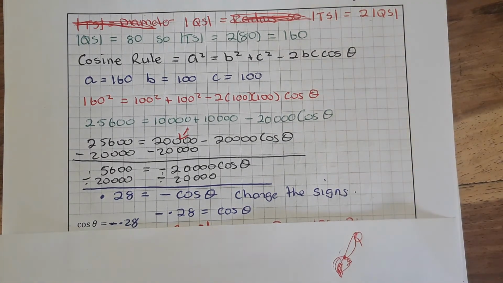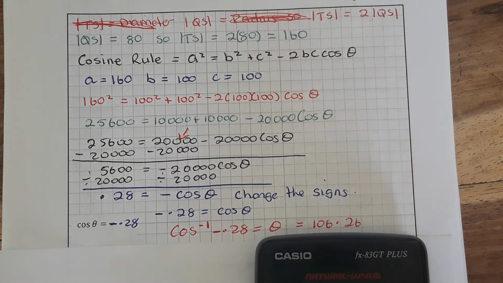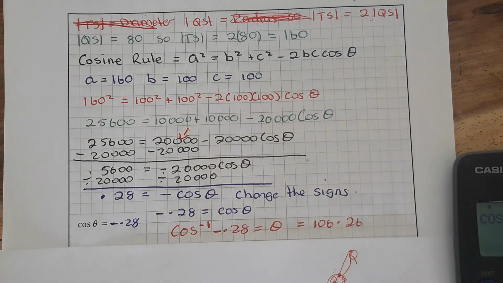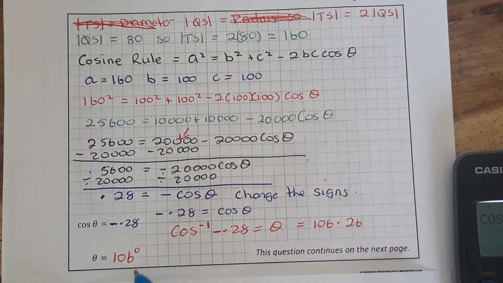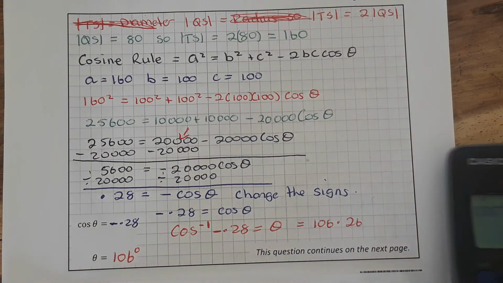To find out what theta is, in your calculator you put in shift cos, because you want cos to the minus 1, minus 0.28 equals, and you get 106.26. When you round that to the nearest whole number, you get 106. Did you see that on the calculator?